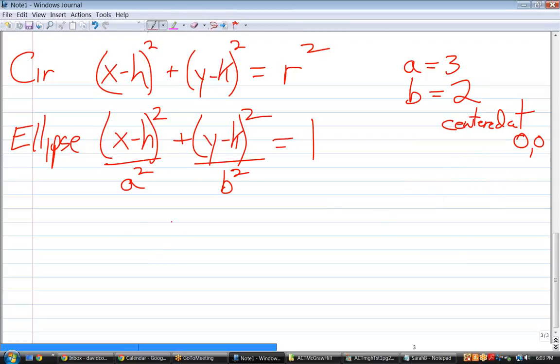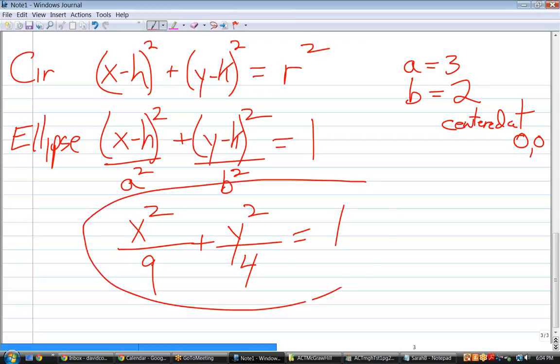So it would be x minus 0 squared, and then over 9, plus y squared over 4, equals 1. So that would be the equation of that ellipse. If it was centered at any other point, then it would look more like the circle one looked.